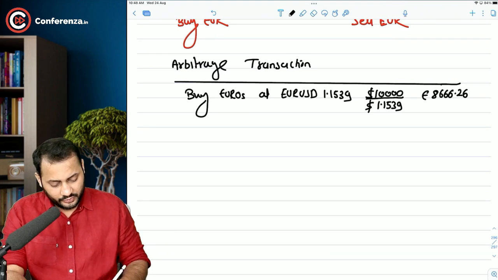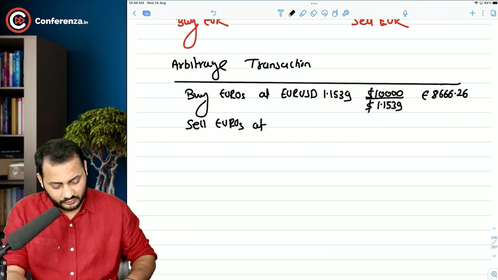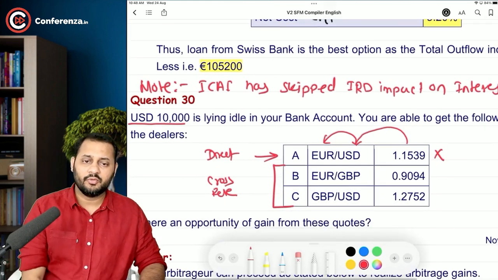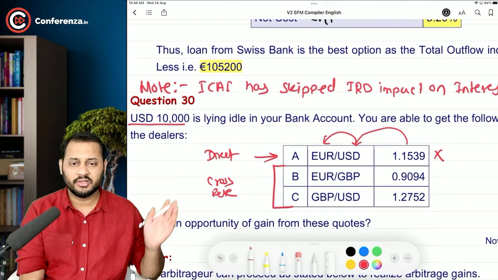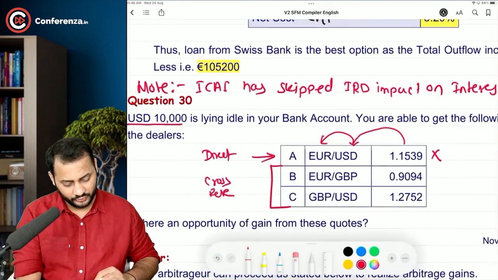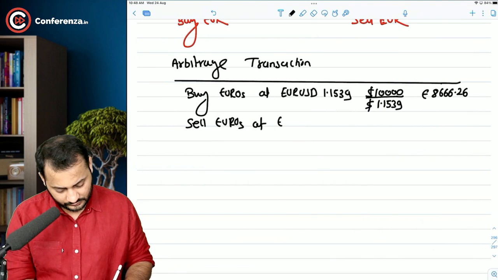Now what we are going to do, it's very simple, sir. Sell those euros in the other market. We have completed this part, cross it. Now you can clearly see the euro is only available in the second market, B market, EUR GBP 0.9094.